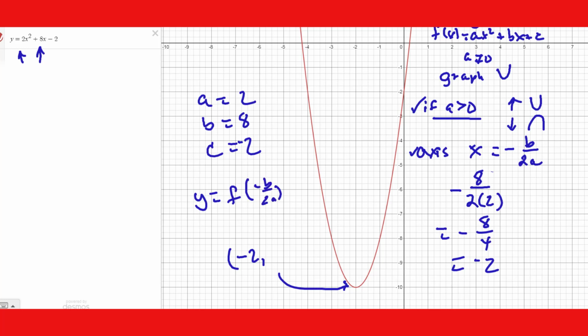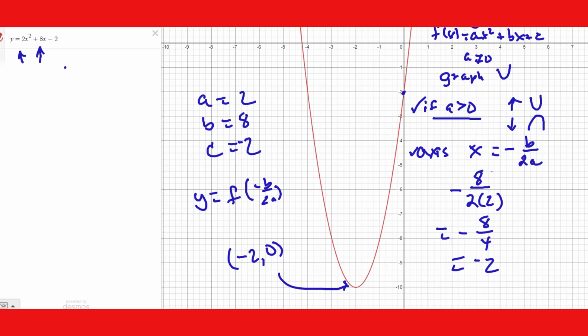So what did we do? Well, we plugged in 0. So we've got negative 2, 0. That's our y value, the function of negative b over 2a. All right, so then we know that the y-intercept is at 0, and then the c value. So 0, negative 2.